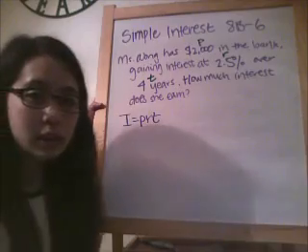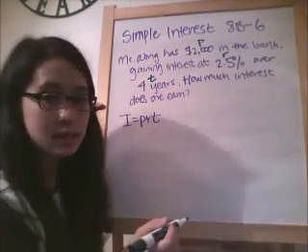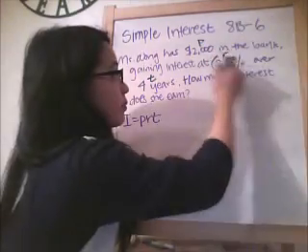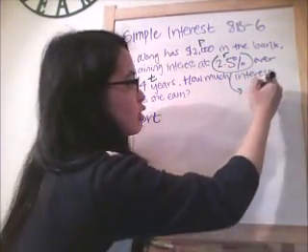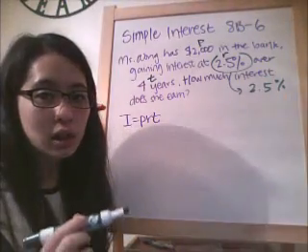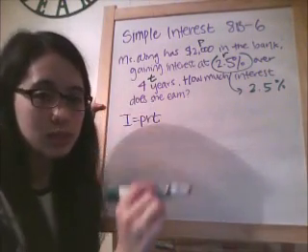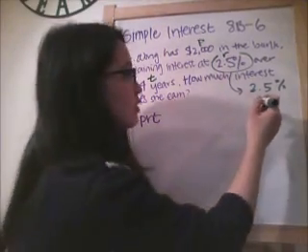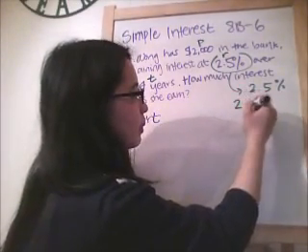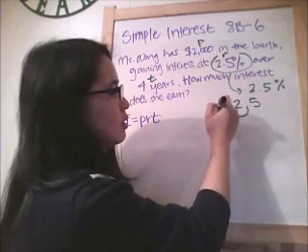Now, before we can plug all of this in, remember that your rate has to be in a decimal, not a percent. So we're going to take this down here, 2.5%. Remember, in order to convert it to a decimal, we're moving the decimal place 2 places to the left. So we have 2.5. We take this decimal, move it 2 places to the left.